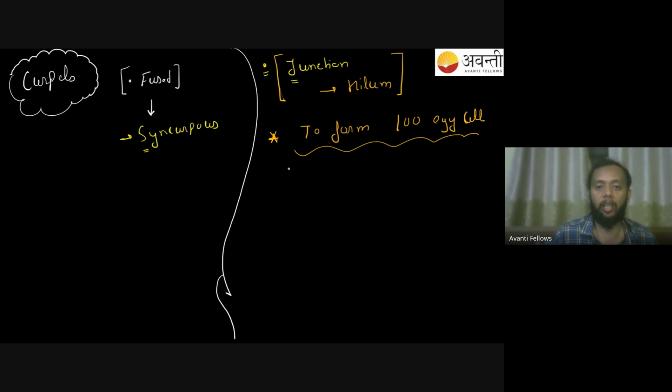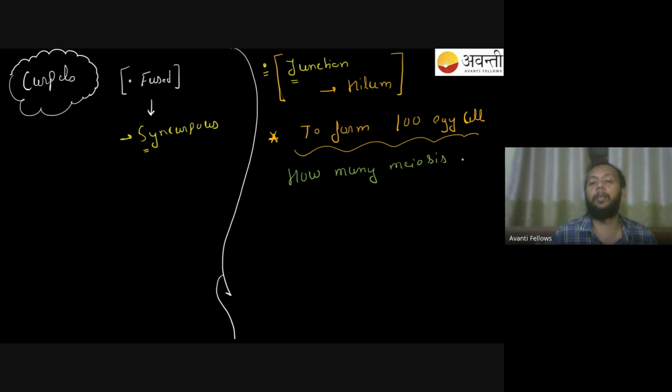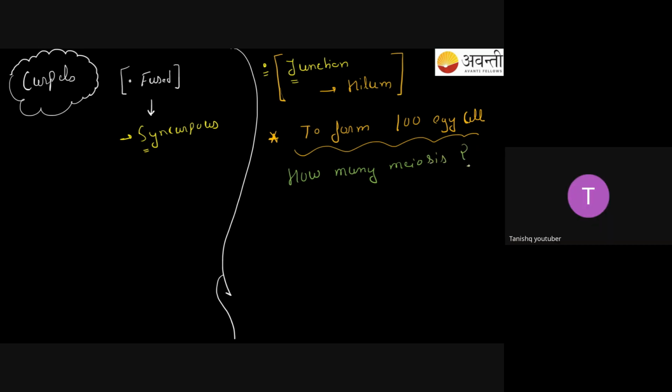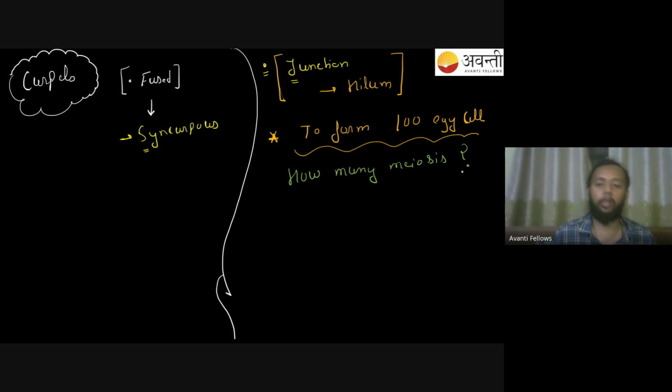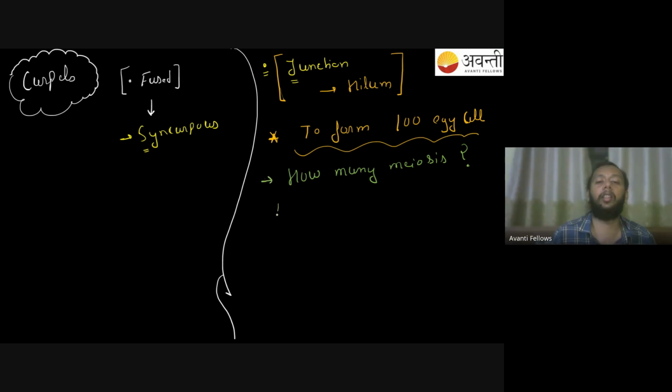To form 100 egg cells, how many meiosis do I have to carry out? Yes Tanish, tell me. Sir, 100 meiosis. Who else agrees with 100? Everyone agrees? Yes, sir. So you are saying the answer is going to be 100 meiosis.